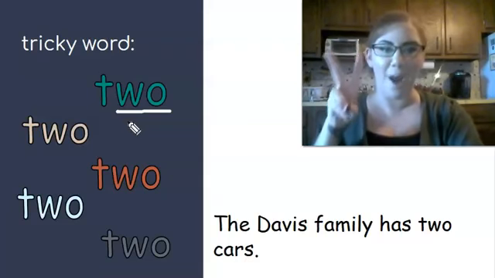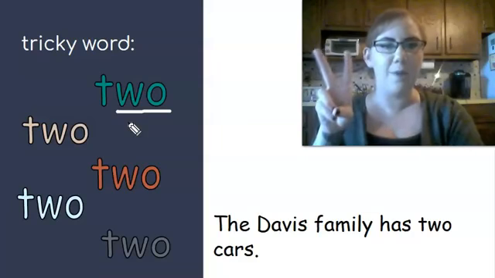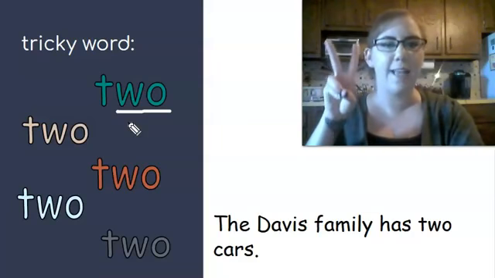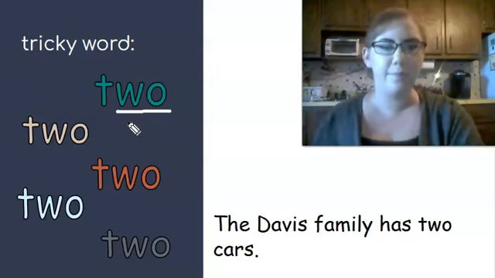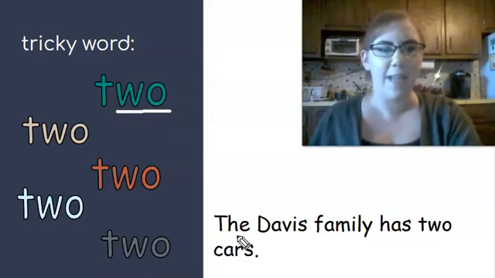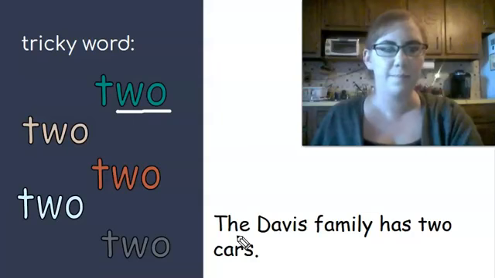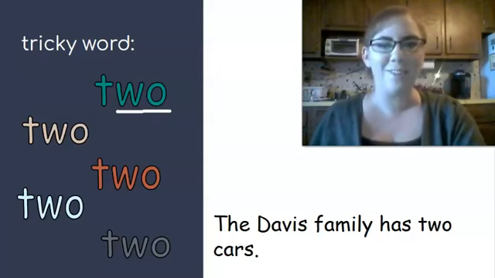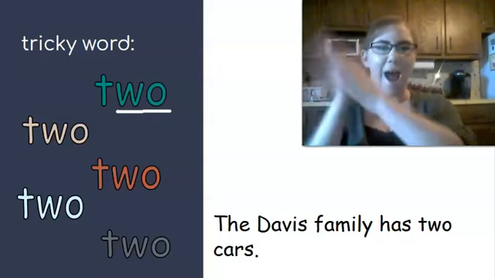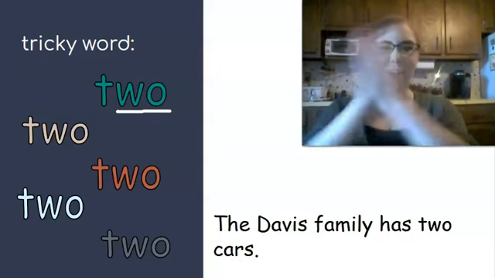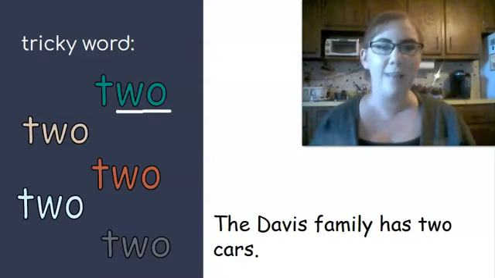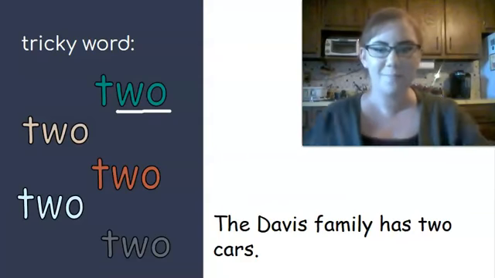Two, like the number two. T-W-O is two, like the number two. Repeat the sentence after me. The Davis family has 2 cars. Great job. Give yourselves a round of applause. The more tricky words we learn, the less words can trick us.